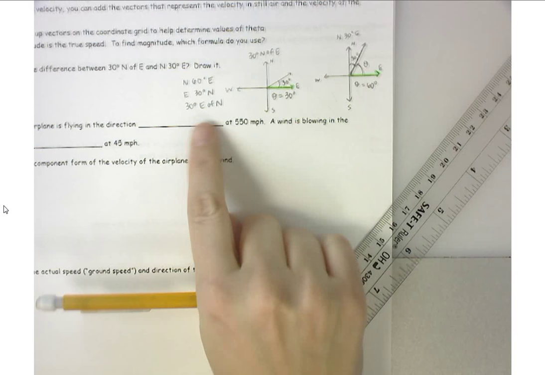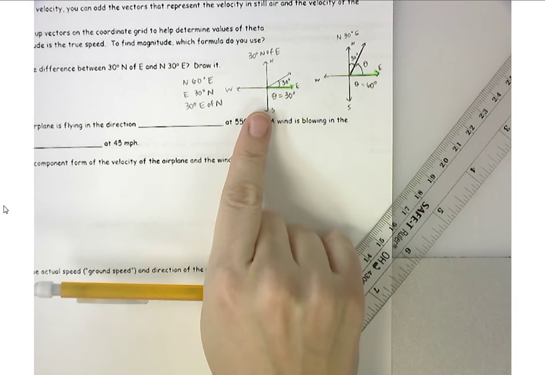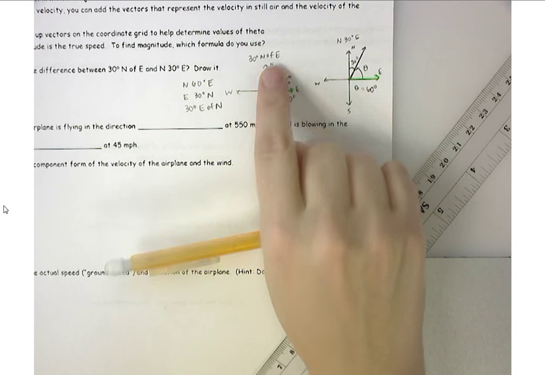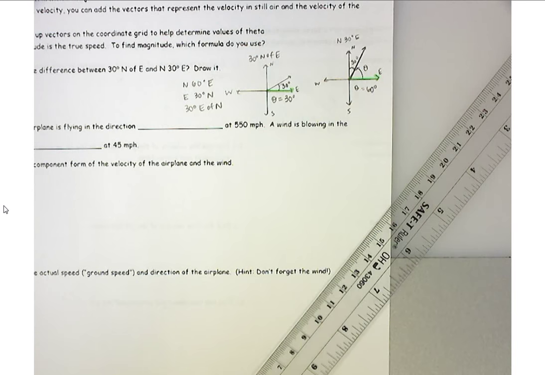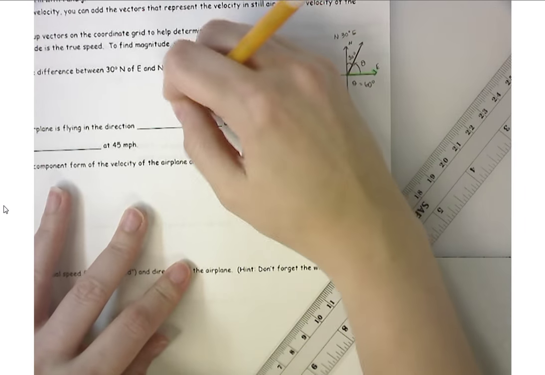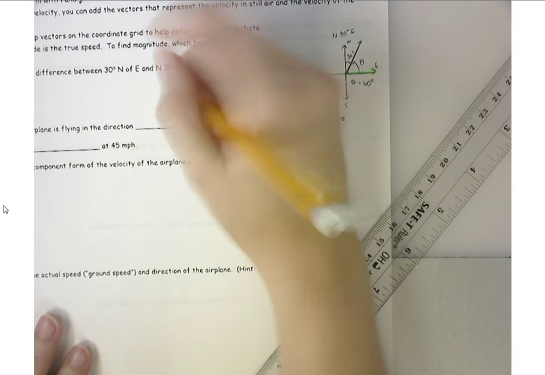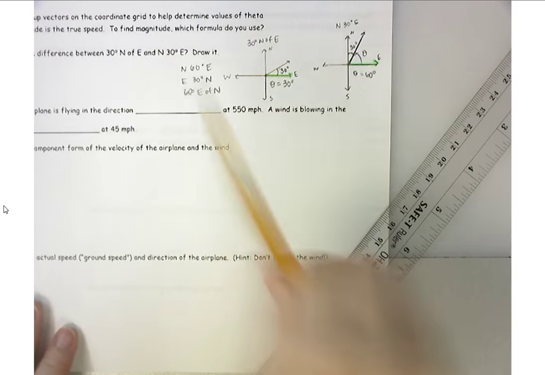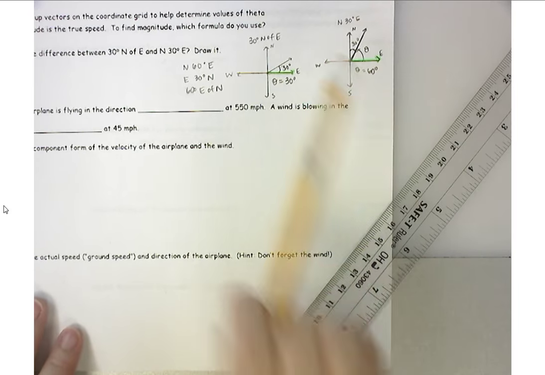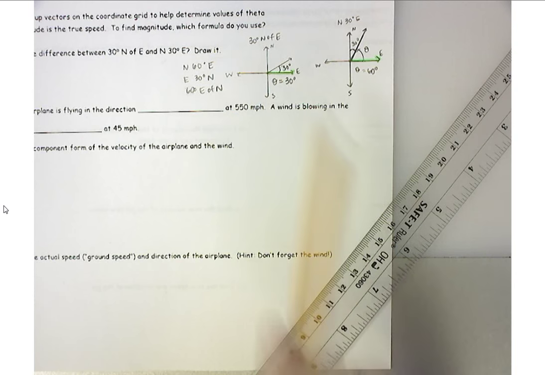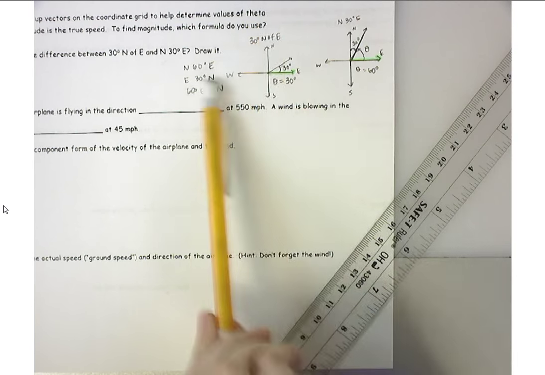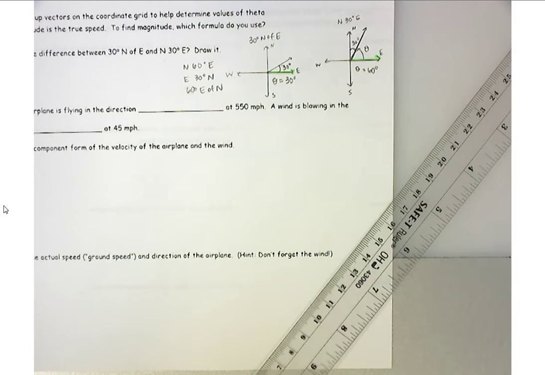Okay, so all of those would be the same as 30 degrees north of east. So if it's east of north, you would start north and then adjust.